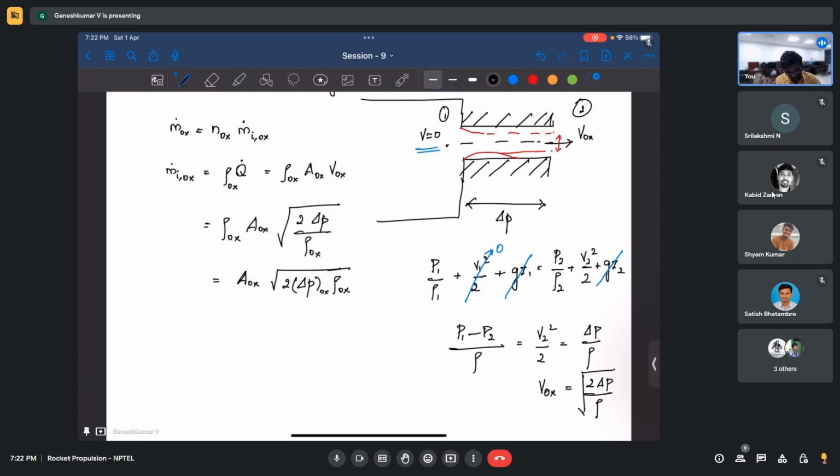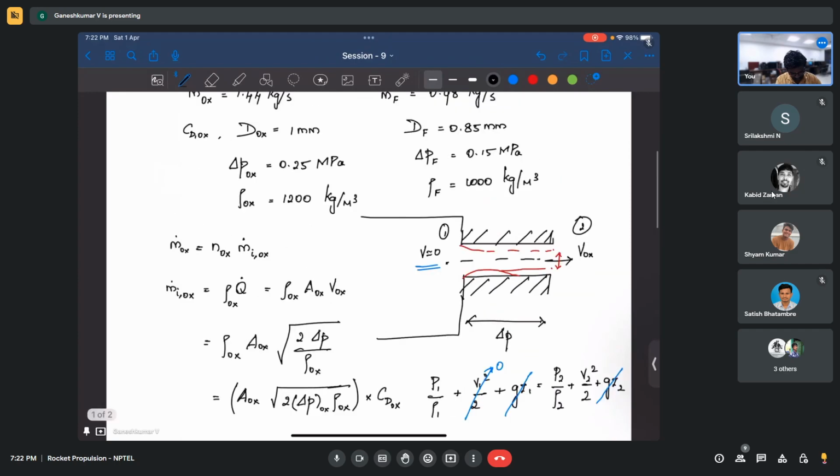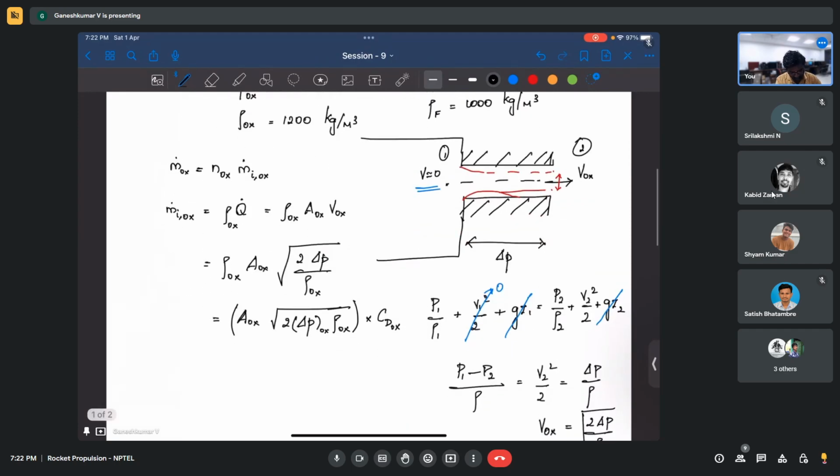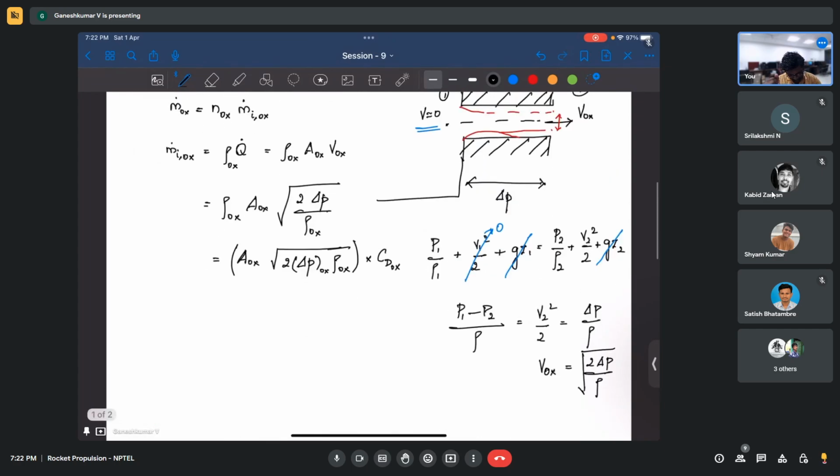So to account for that, we multiplied with a factor, which we call the discharge coefficient. This is just to account for the irregularities in the flow inside the orifice.